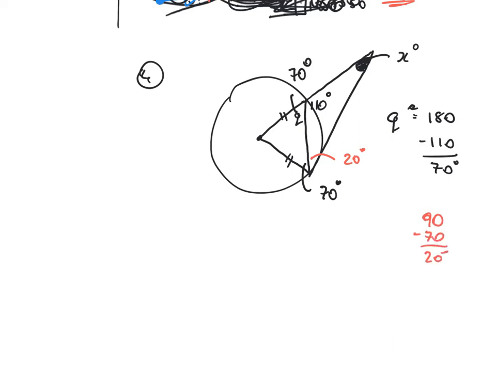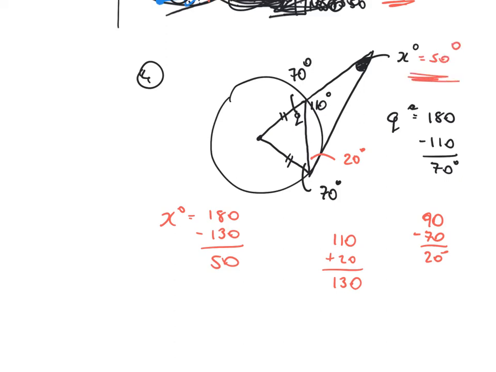Okay, next thing, I know that the three angles of the triangle add up to 180 degrees. So I could do 110 plus 20 is 130. And then to get x degrees, it would be 180 take away 130. And x degrees then is 50 degrees. That's an example where there's more than one way to do it, but that's definitely a good way to get the final answer, 50 degrees.